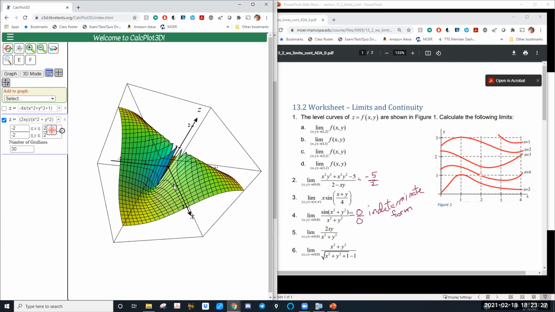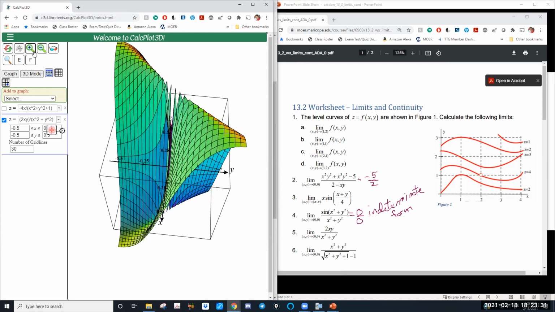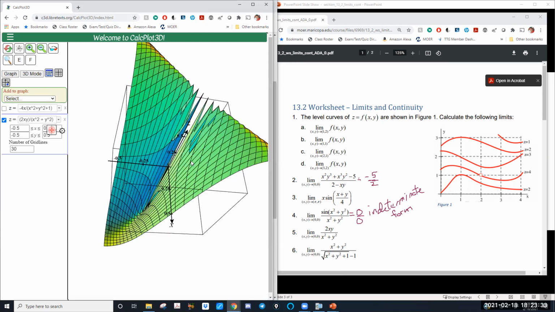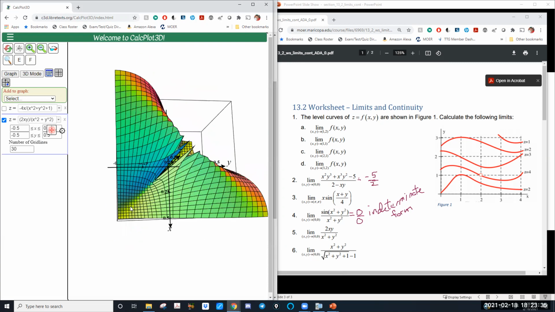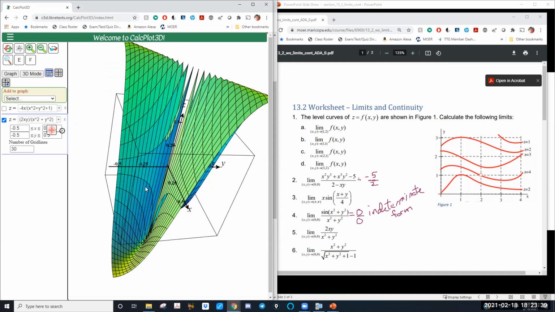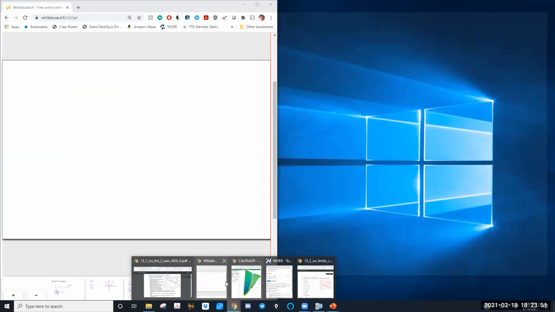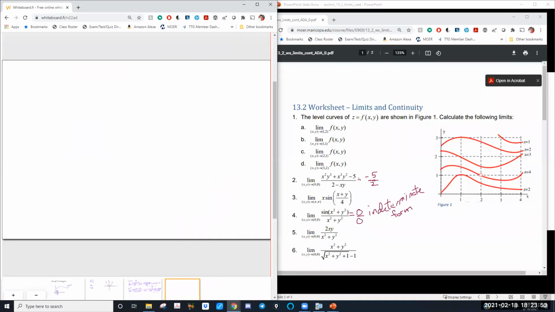Look at the mess that's going on at 0, 0. We'll even zoom in on that a little. The more I zoom in, look at what's going on at 0, 0, the function kind of blows up there. We're expecting that messiness to mean that the limit's not going to exist. So what we're going to do is choose 2 paths to verify it.